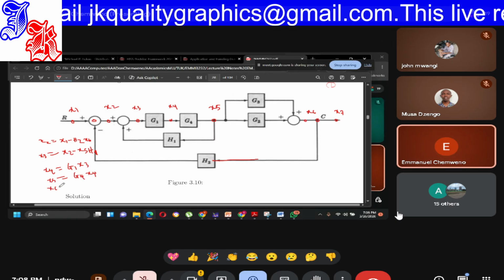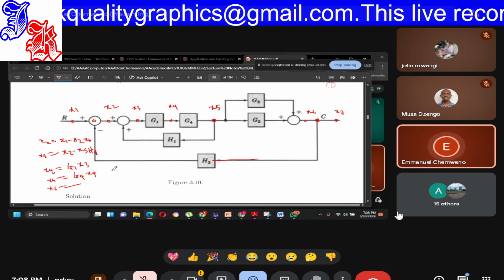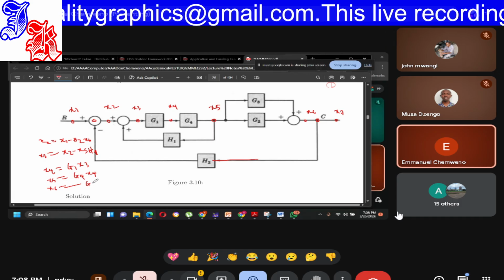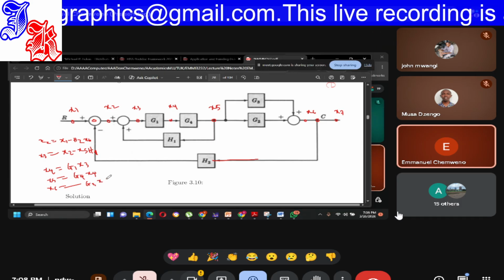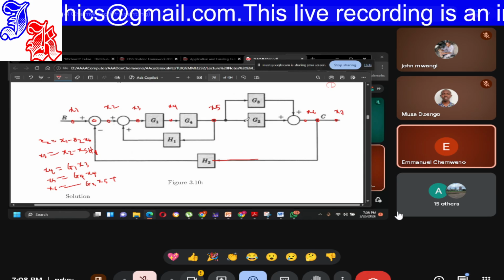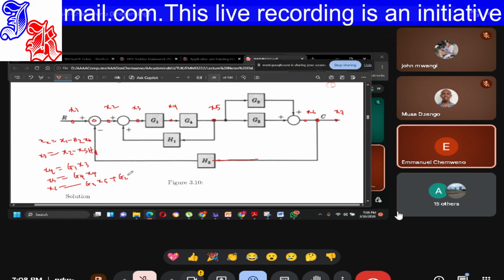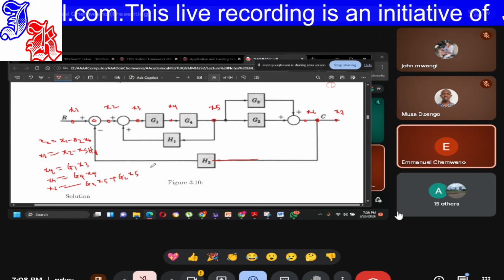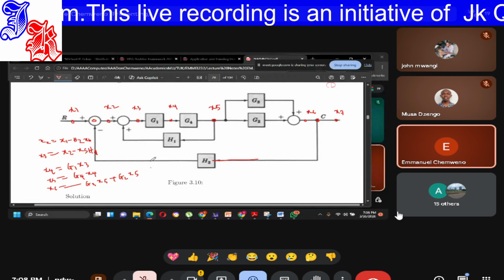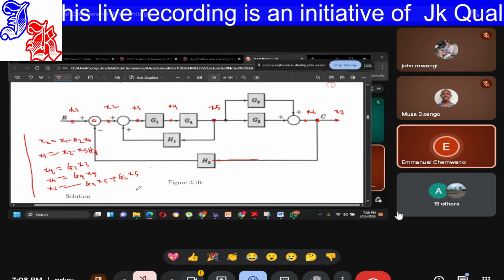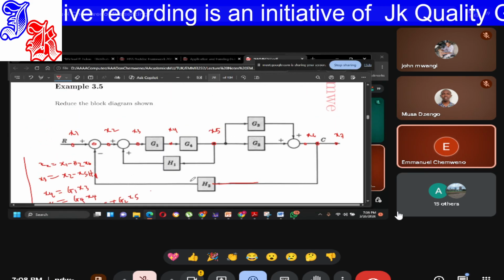X6 is equal to G3, X5 plus G2, X5. So with these equations, we can just draw our signal flow graph.